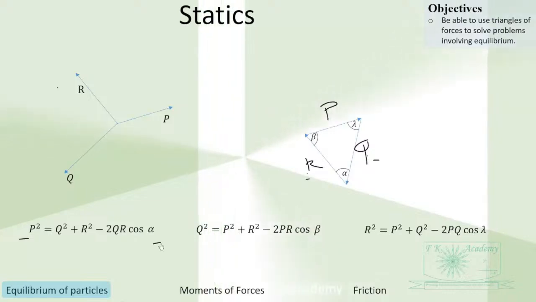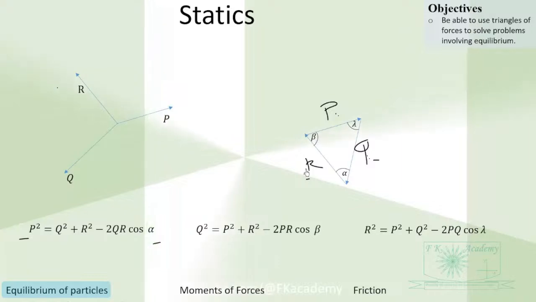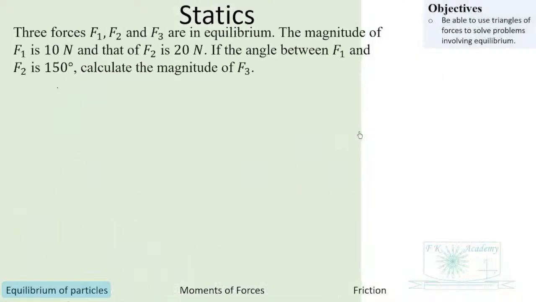Then Q squared will be equal to P squared plus R squared minus 2PR cos beta. Then R squared will be equal to P squared plus Q squared minus 2PQ cos lambda. Let's take an example and see.